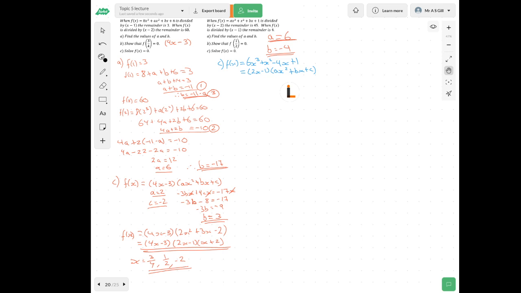Okay, so I'm going to start going through the solution to part C now. I won't explain it, I'll just write it up so you can follow it.